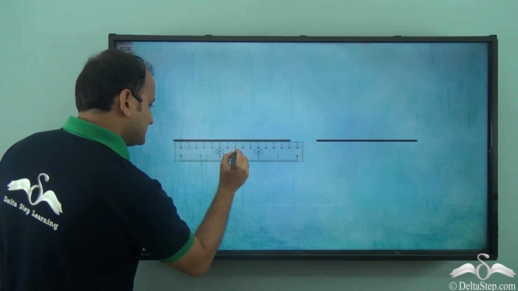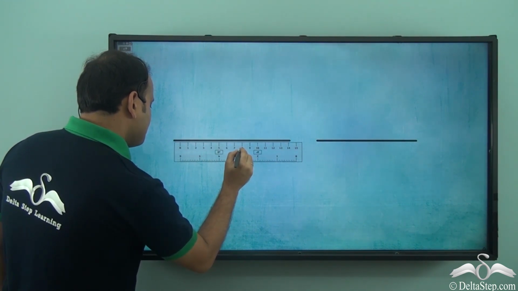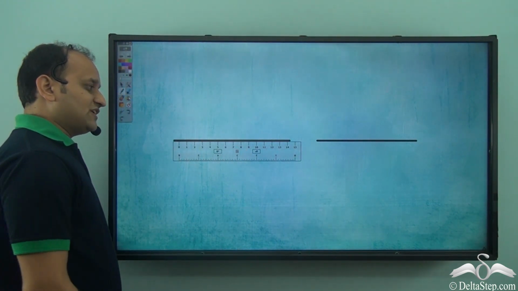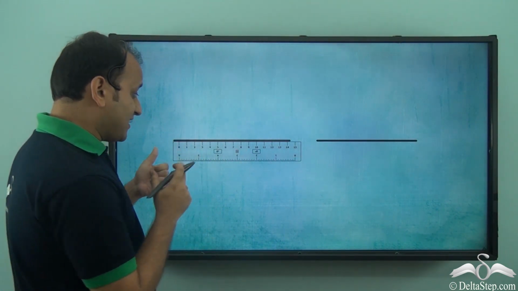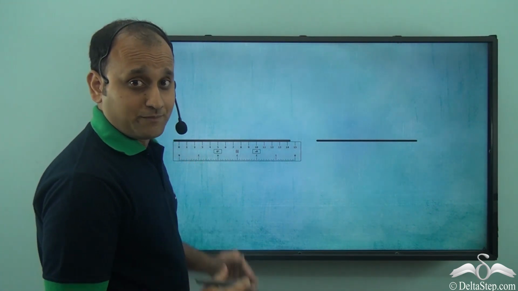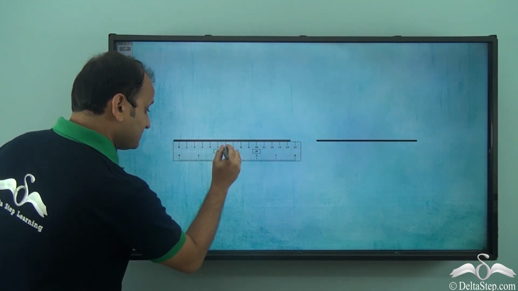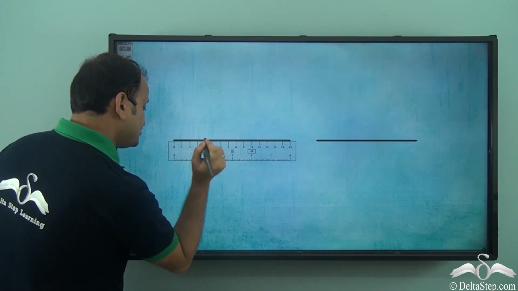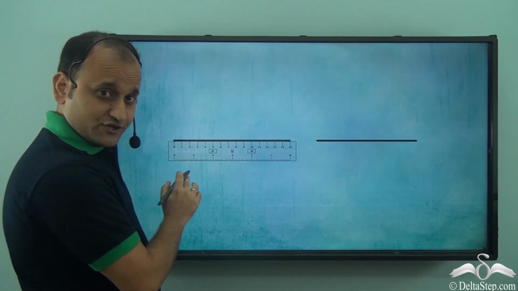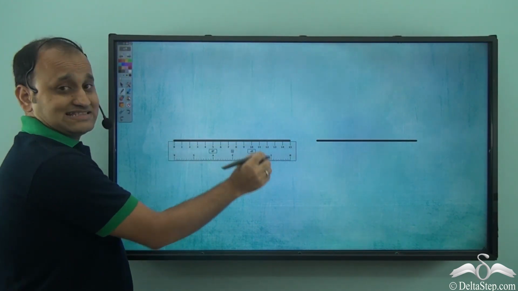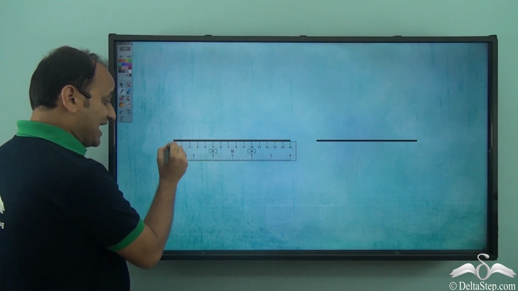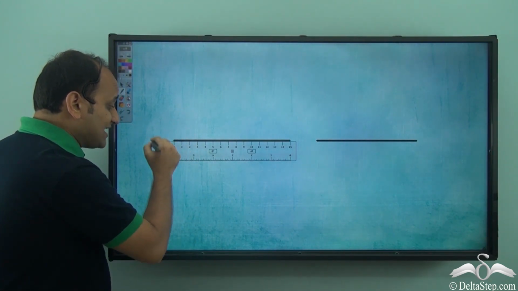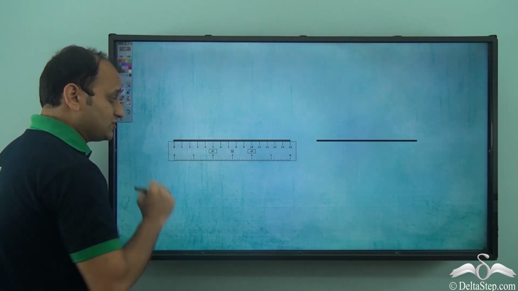Now how do we place it? Do we match edge of the ruler with edge of the line segment? Will that be correct? No, it won't be correct. What we need to do is we need to match the 0th division of the ruler with the line segment. That is, one end of the line segment should exactly match with 0th division on the ruler.